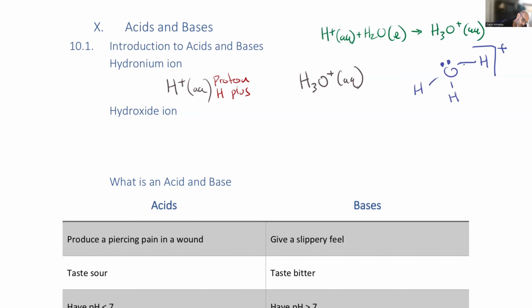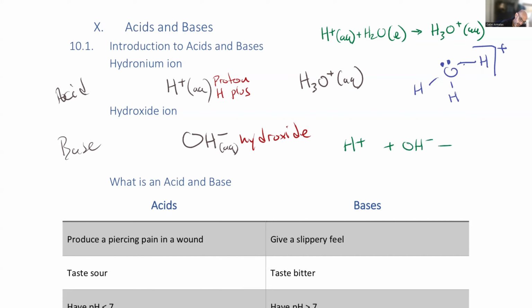The next thing is for bases, OH minus, which is hydroxide. And that's really the only way to refer to it. Hydroxide, again also aqueous. So this is typically bases. This is typically acids, but they work together because when I combine an H plus with an OH minus, I am going to get water out. So they come together to form water.